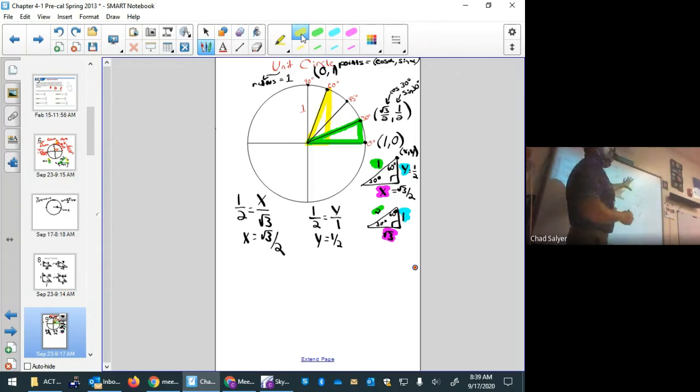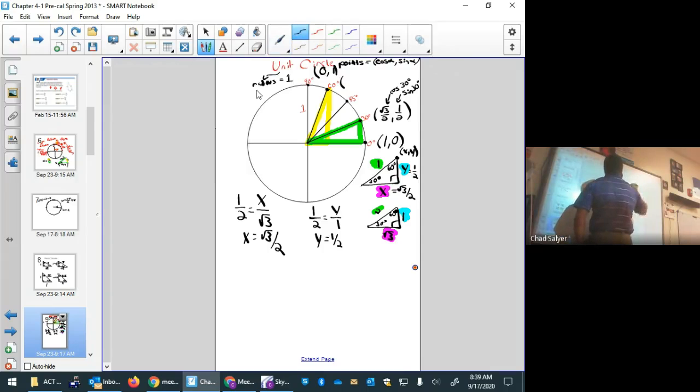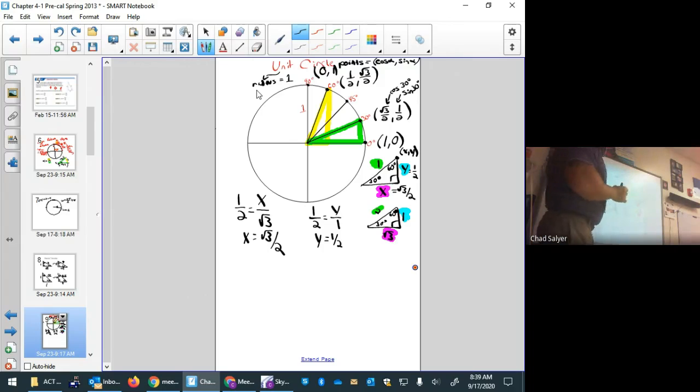And so we need to do no additional work to know that point. We just flip the x and the y. So that is 1/2 comma square root of 3 over 2. And again, this is cosine of 60 degrees, sine of 60 degrees. So we've got one little bit we need to find left.